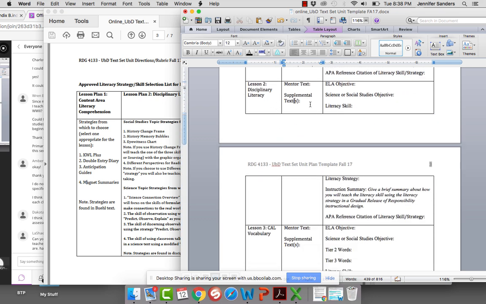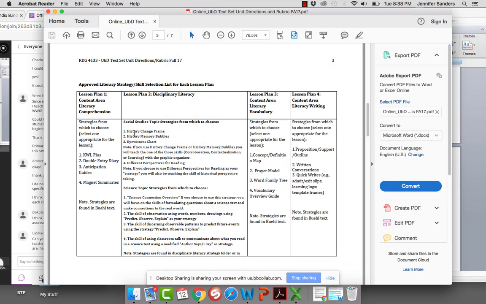Here, disciplinary lesson, everything stays the same, but if you're teaching a social studies topic, then you're choosing these strategies. If you choose the history change frame or the memory bubble, well, you're working on one of these three skills.